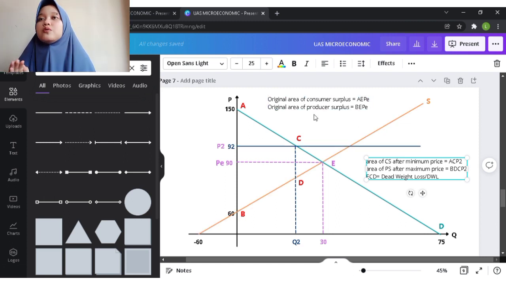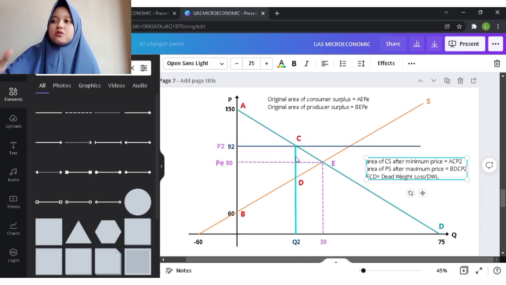So how to find the area of the triangle that we lose?